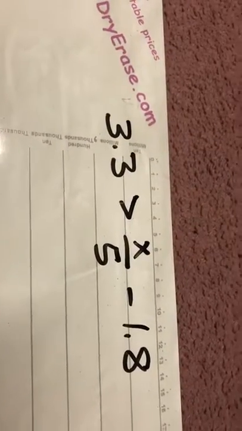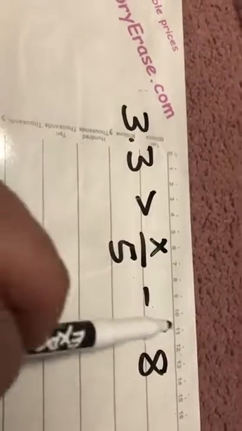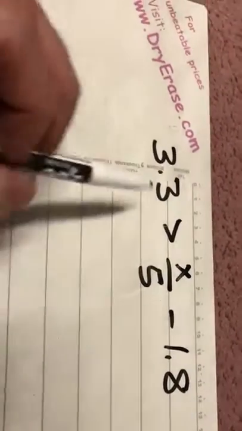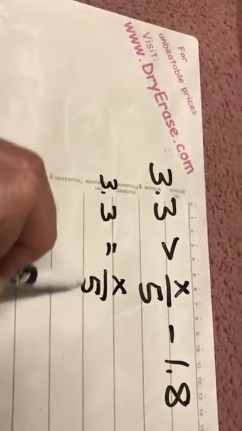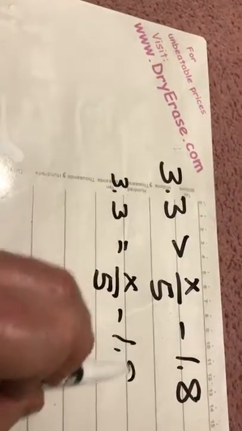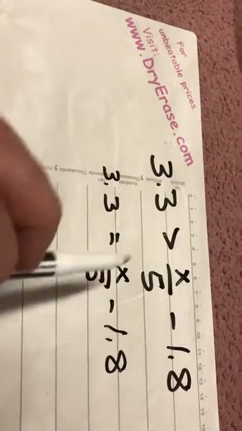All right, let's get our other board here. Let's look at our third example. 3.3 is greater than x over 5 minus 1.8. So once again, set up an equation. 3.3 is going to be equal to x over 5 minus 1.8. Now I need to isolate my x over 5.